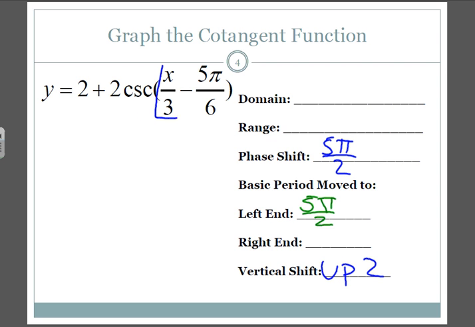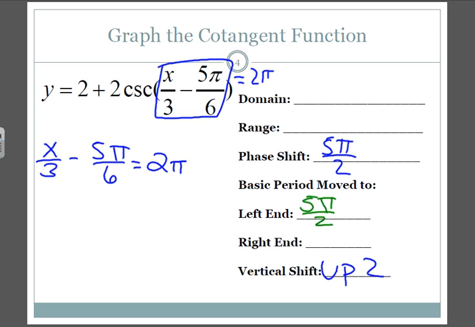Right end, once again, take that same information, set it equal to 2 pi. So I have x over 3 minus 5 pi divided by 6 equals 2 pi. I'm going to add 5 pi over 6 to both sides.